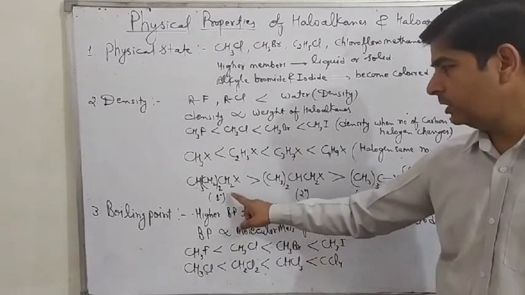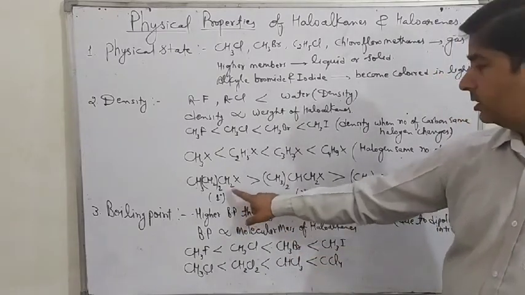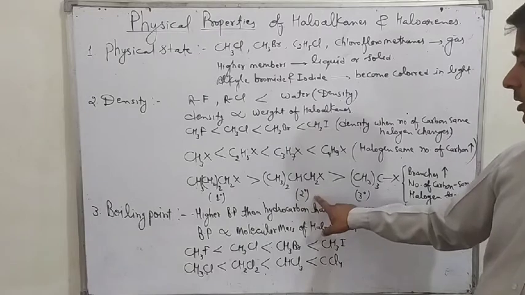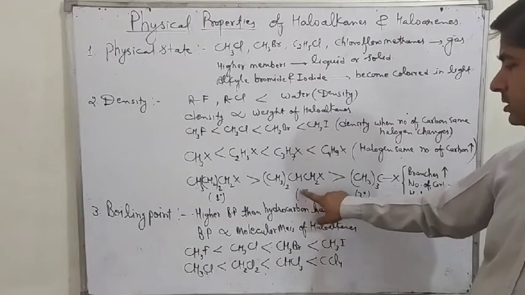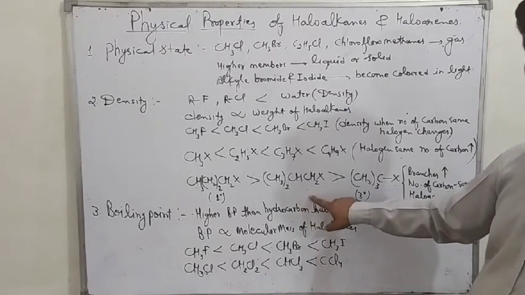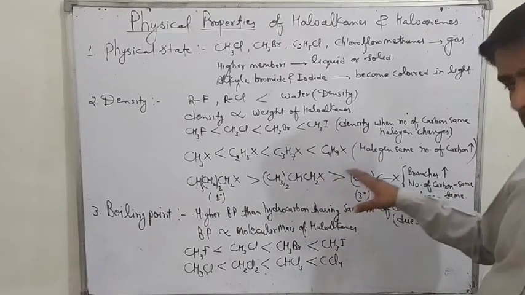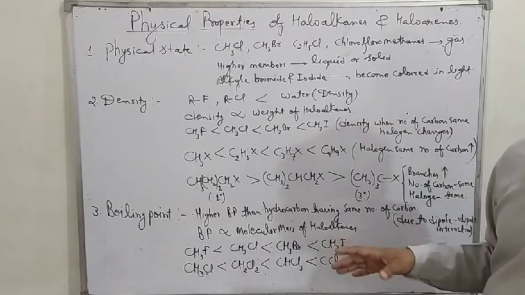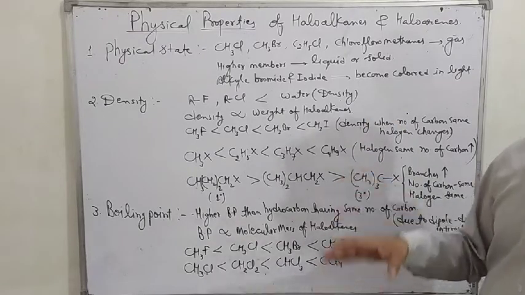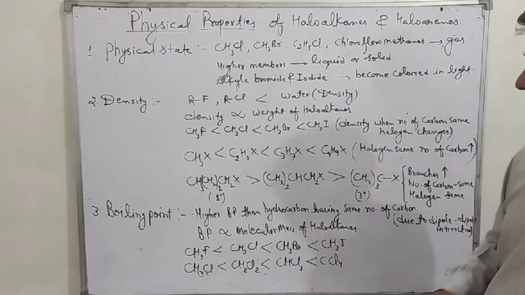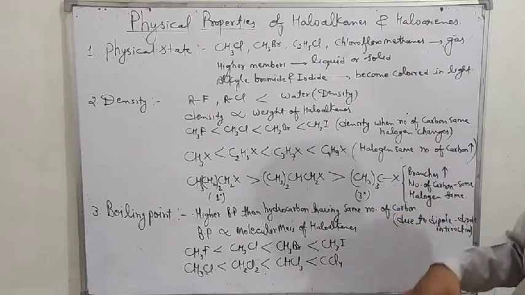Here you can see this is n-butyl halide, this is isobutyl halide, and this is tertiary butyl halide. So you can see the number of branches is increasing. As the number of branches increases, the density decreases.